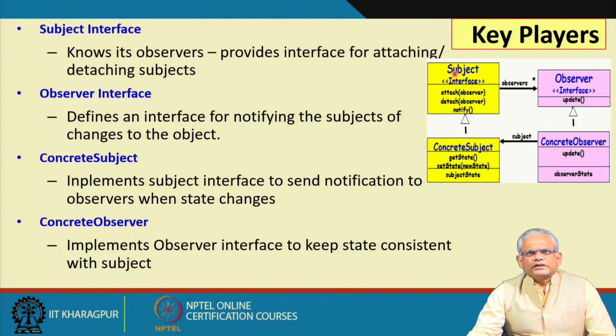The subject interface provides prototype methods for the observers to attach and detach, and also it has a method to notify, and the concrete subject implements the subject, and it can get state, that is it can notify the clients when a state change occurs.